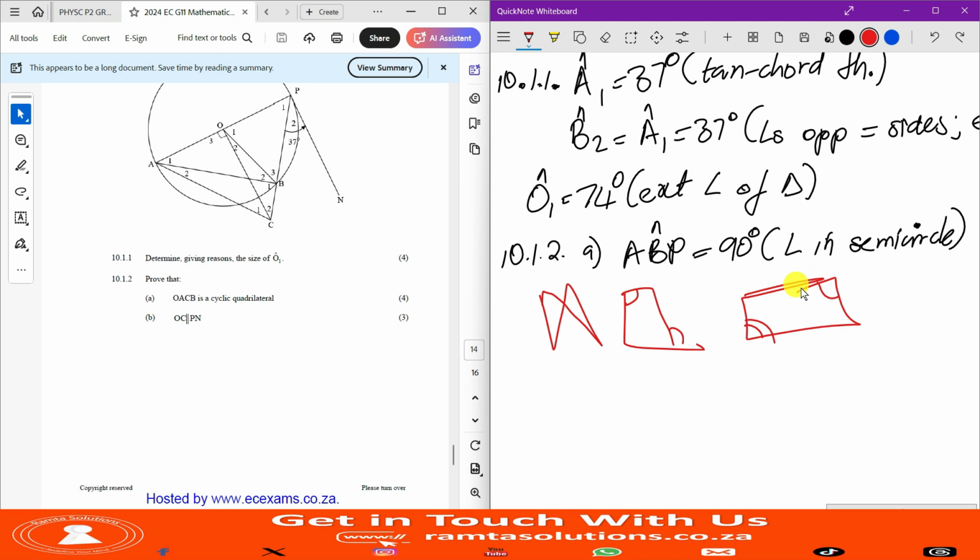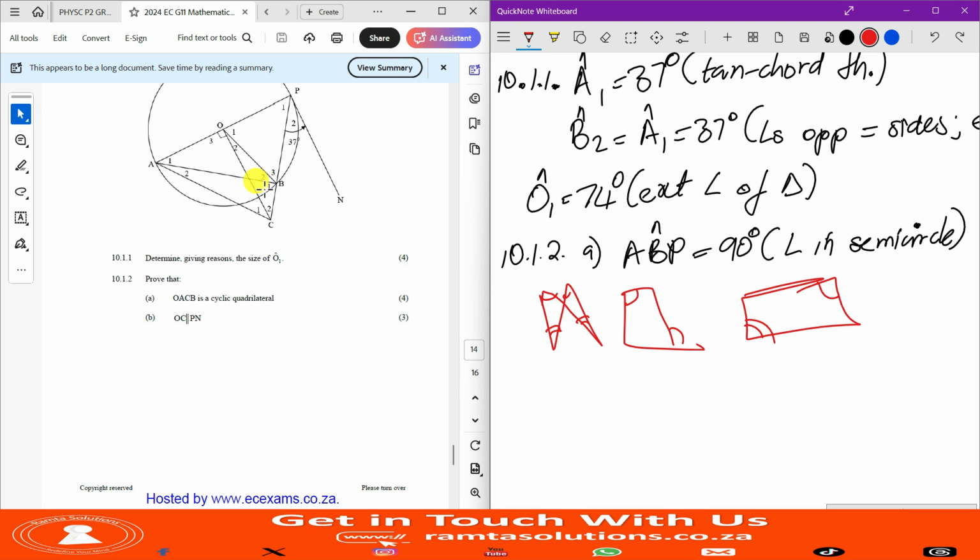These are the angles that we should look at. This one must be equal to this one. We can use one of these three.